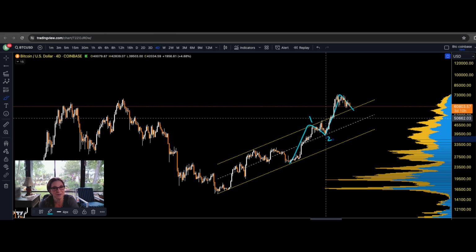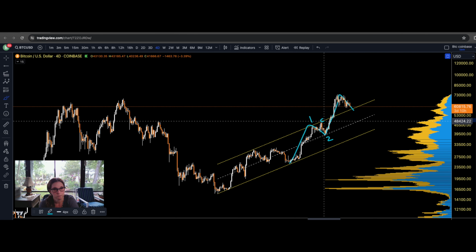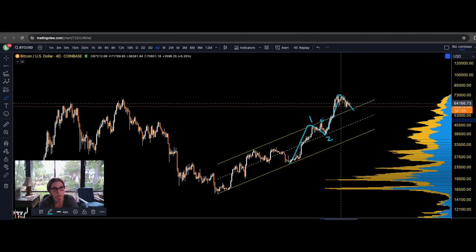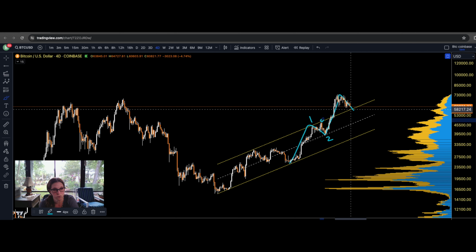So that means Bitcoin cannot even touch the top of 49,200, this wick right here. If it does, that would invalidate a wave 3 and 4.